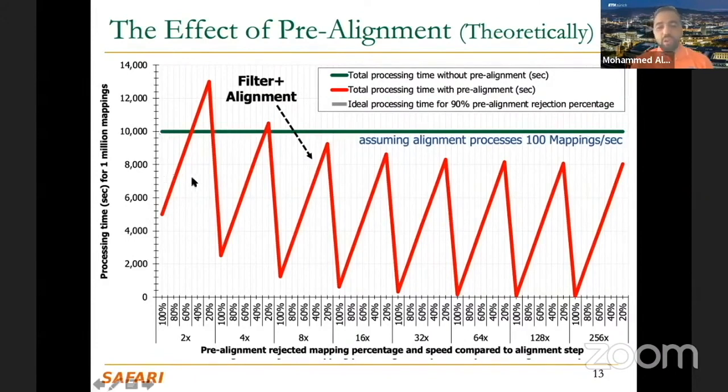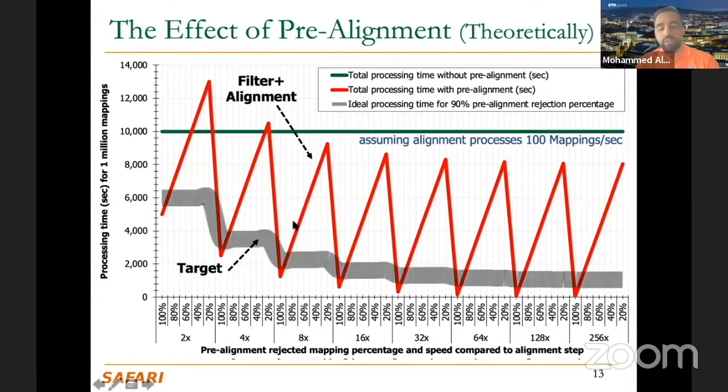Our goal is always to be in this area, as far as possible from the execution time of the sequence aligner we use. That is to say, we want to reject most of the pairs and have the fastest performance possible out of the filter.